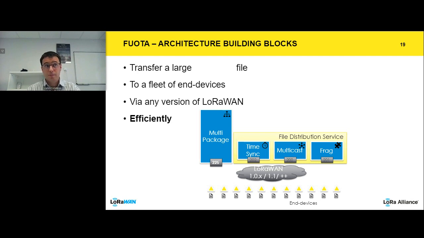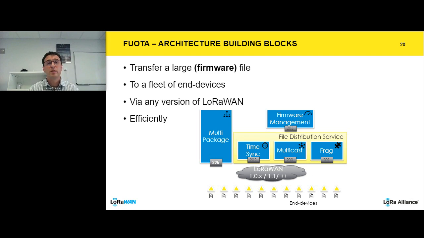And finally, what we want to achieve is actually sending a large firmware file to the fleet of end devices. So the last specification we will be talking about today is the firmware management specification, which is actually quite light because there are many things which are manufacturer specific. I'll come to that.